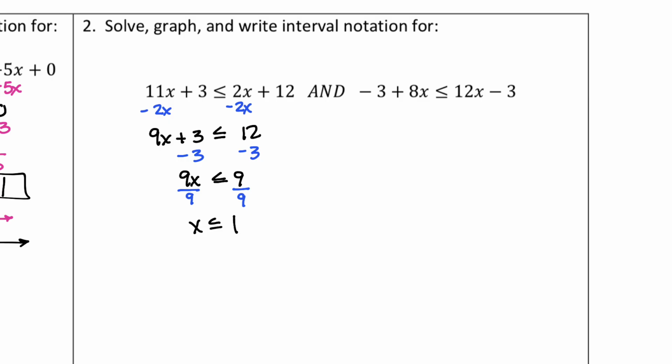Okay, right-hand side. I'm going to get the variable over to one side. So I always take it to the left. When there's inequalities, I go to the left. Negative 3 minus 4x is less than or equal to, 12x's are gone, so that subtract 3 now becomes a negative 3.